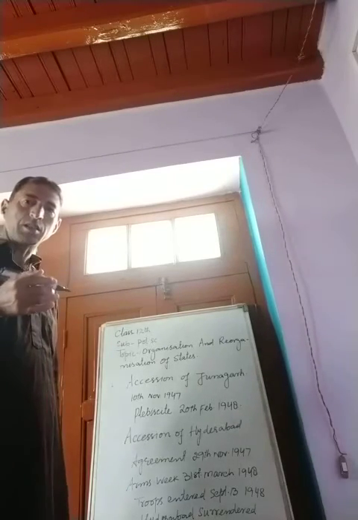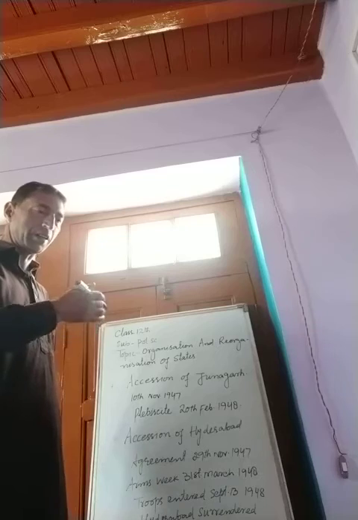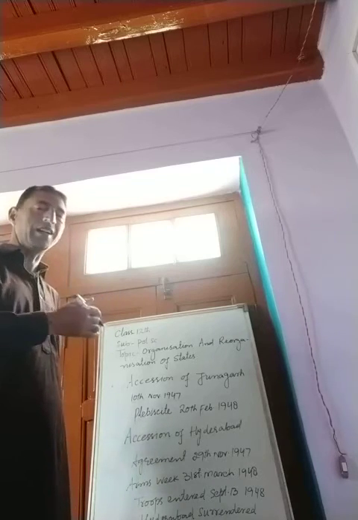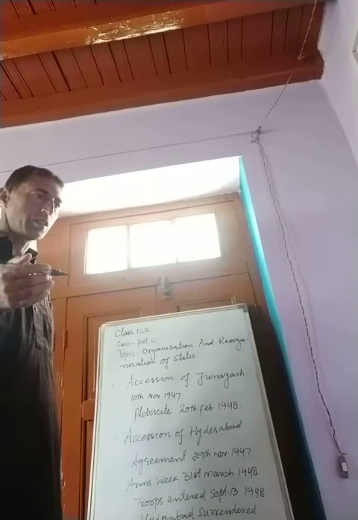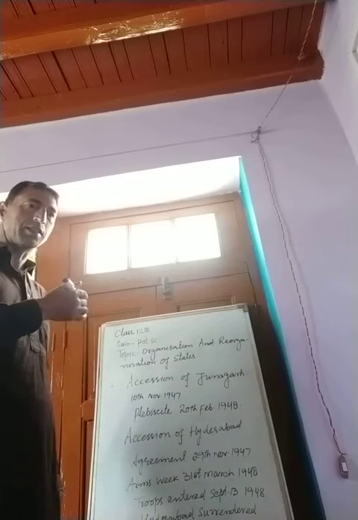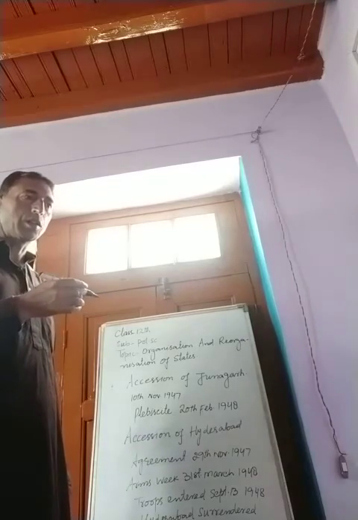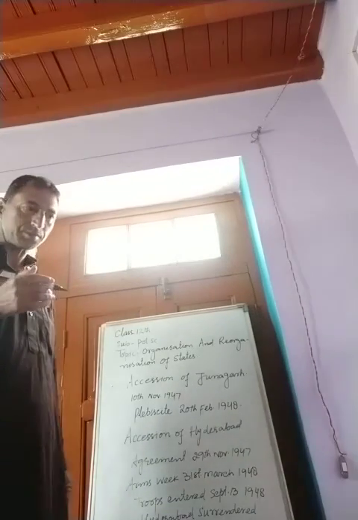These Razakars wanted to establish an independent state of Hyderabad within the boundaries of India with the help of Pakistan. They also threatened that if India attacked Hyderabad, then we will destroy 1.5 crore Hindus of Hyderabad.